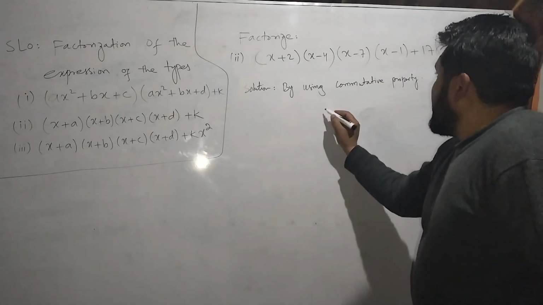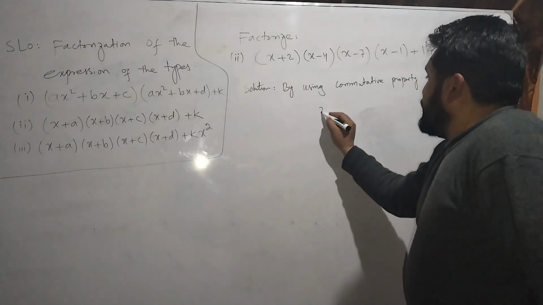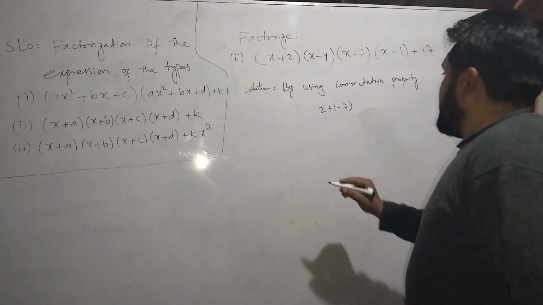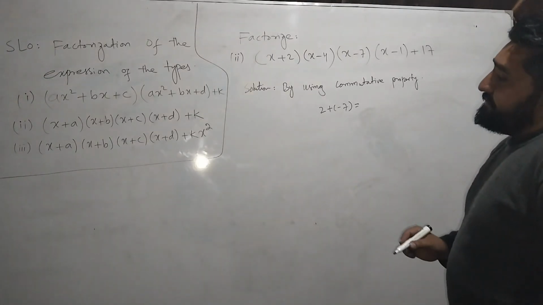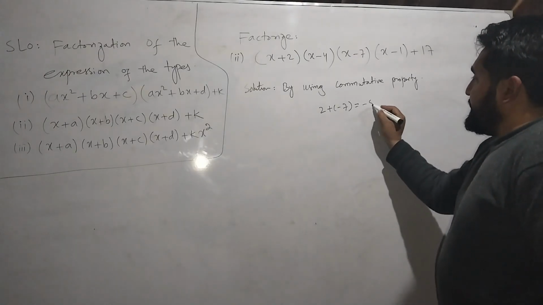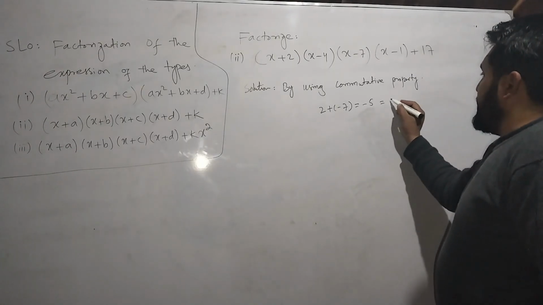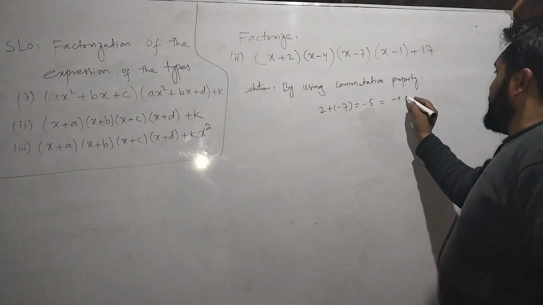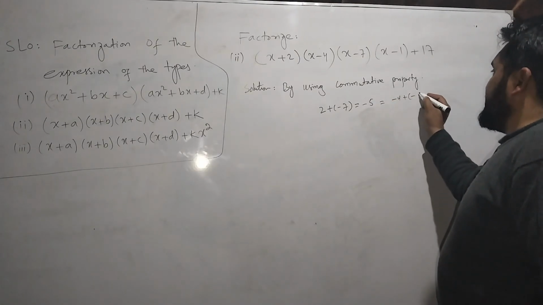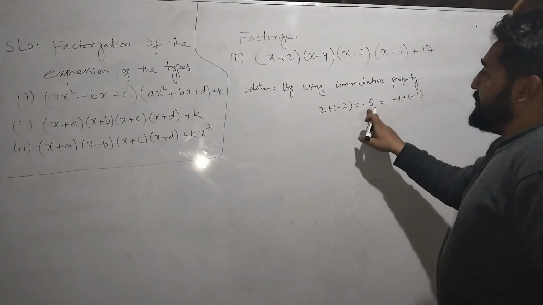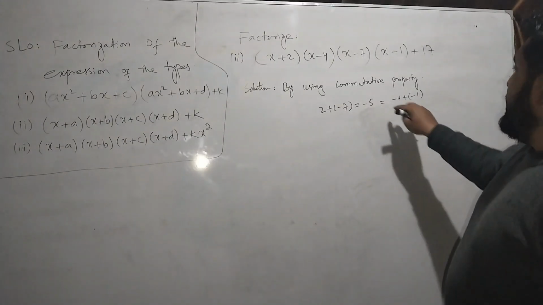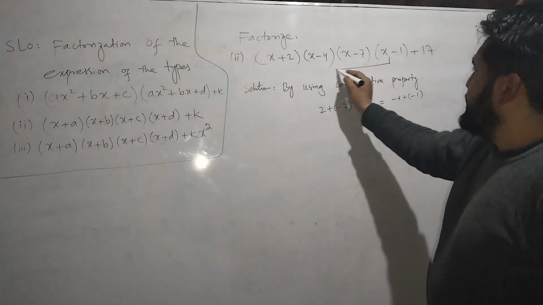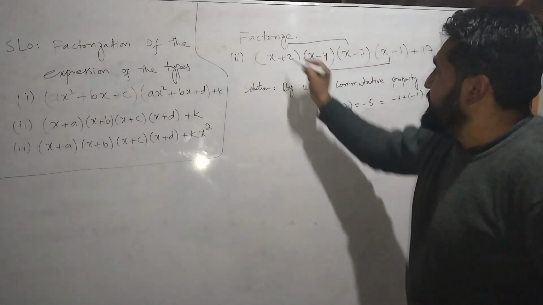So here, 2 plus minus 7 is equal to minus 5, and minus 4 plus minus 1 is again equal to minus 5. So we multiply these two and these two.